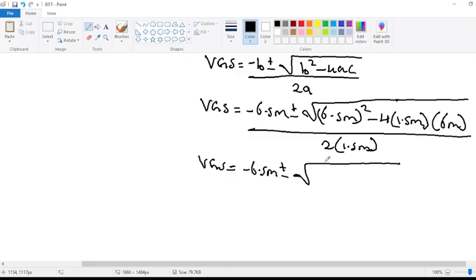I'm going to have 4.225 times 10 raised to power negative 5, minus, if I punch 4 times 1.5 milli times 6 milli, I'm going to have 1.2 times 10 raised to power negative 5.